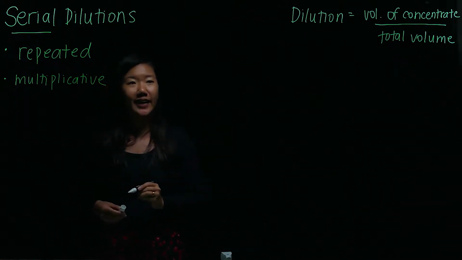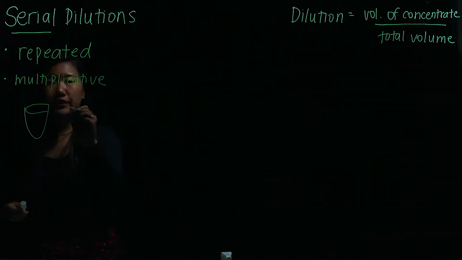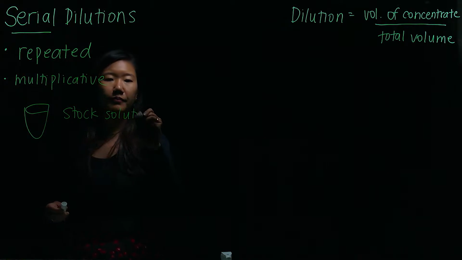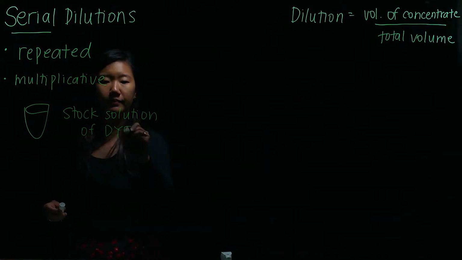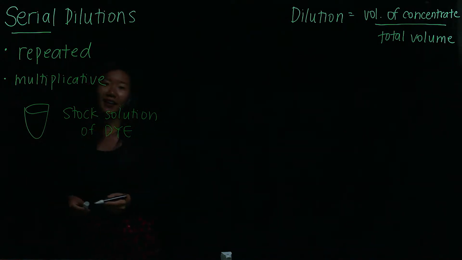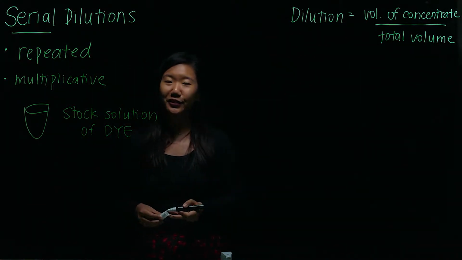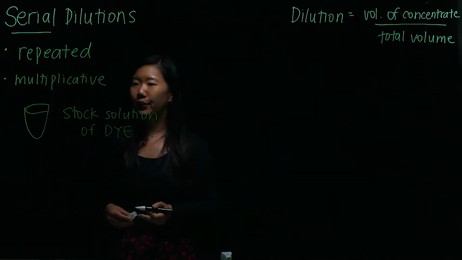So for the following examples, let's imagine a stock solution of dye. The stock solution could be anything. It could be an antibiotic, it could be a solution of salt, sugar, anything that you're working with.